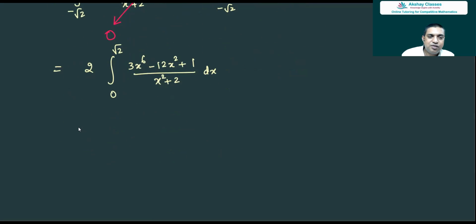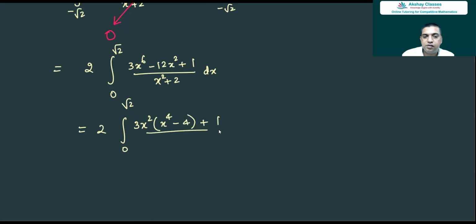Now we can simplify this further. 3 I take common. So 3x square, if I take common, I'm left with x power 4 minus 4. I can simplify further: 3x square into x square minus 2 into x square plus 2.